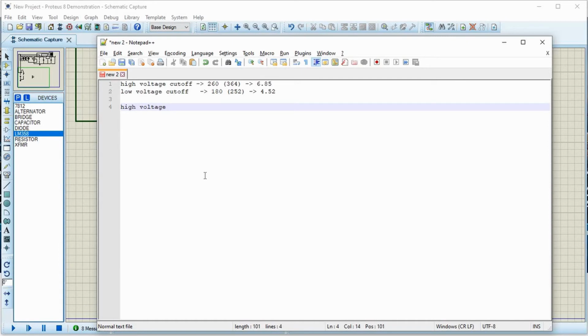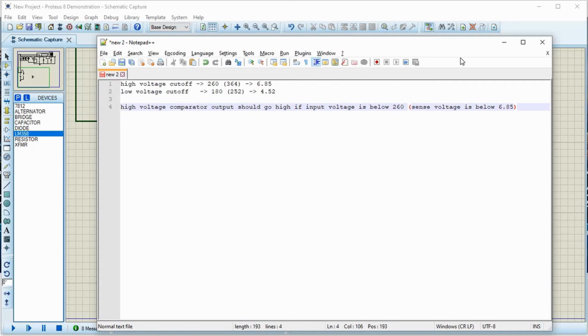So for high voltage, the output should go high if the input sense voltage is below 6.85.